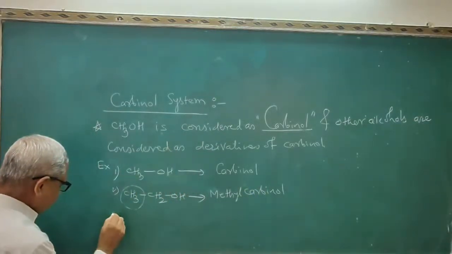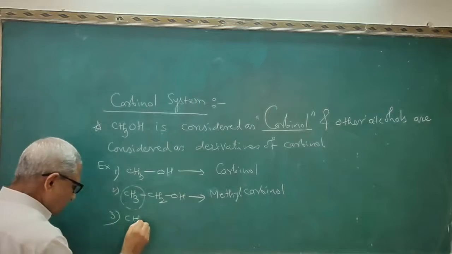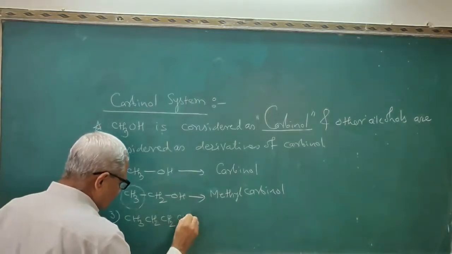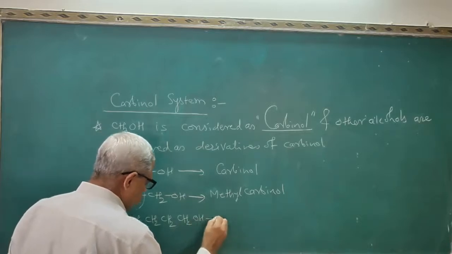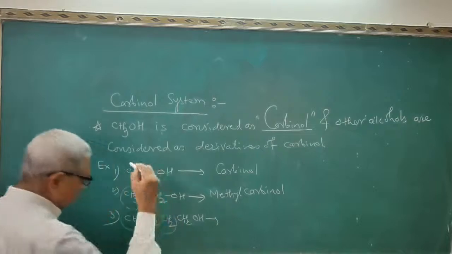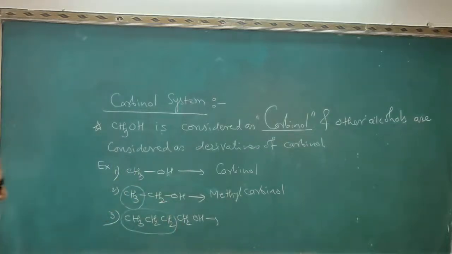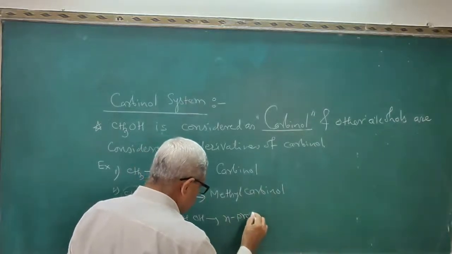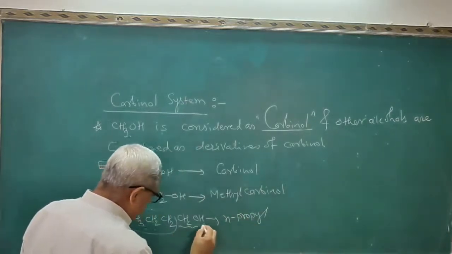Third example, CH3CH2CH2OH. See, in this case it is substituted by this group. So you know the name of this group? It is an N-propyl group. And it is a carbinol.